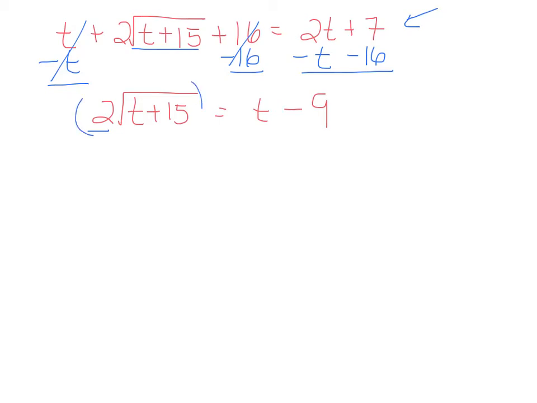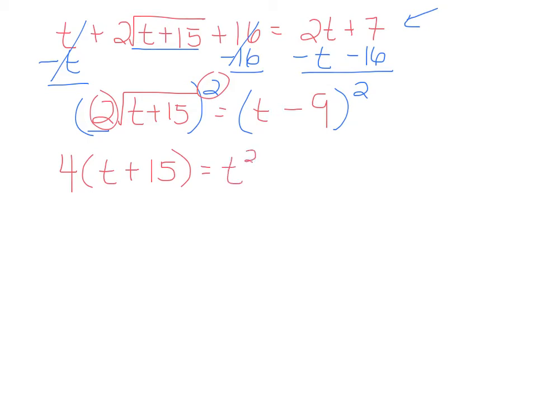So I'm going to square both sides now to eliminate that last radical. On the left-hand side, we'll have 4, because that's 2 squared, times t plus 15. On the right side, we need to FOIL that out. When we FOIL it, here's what we find.